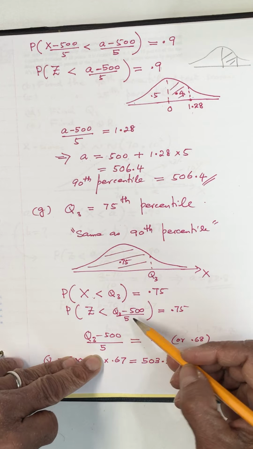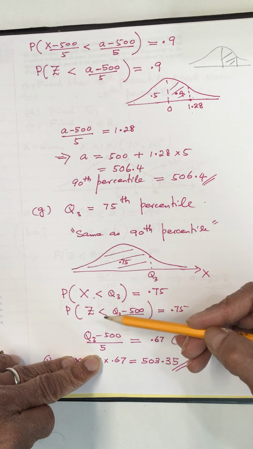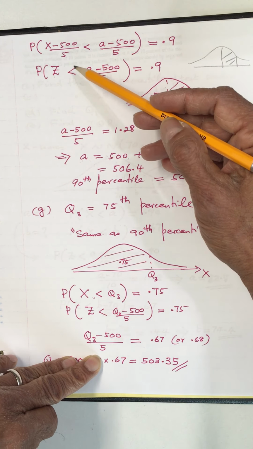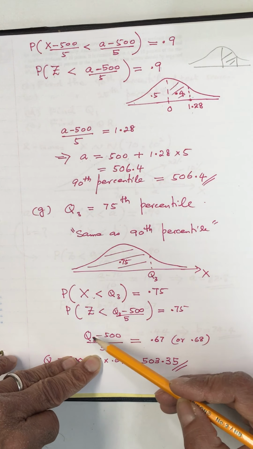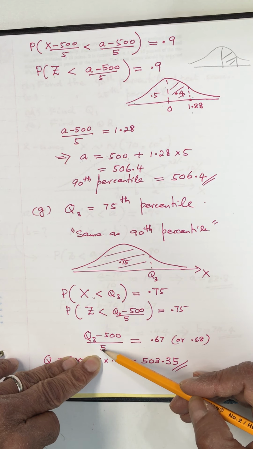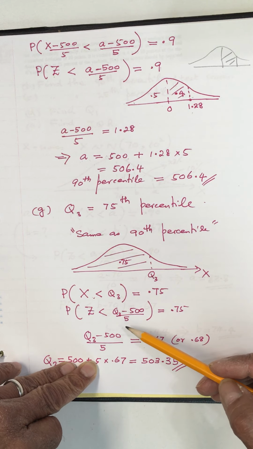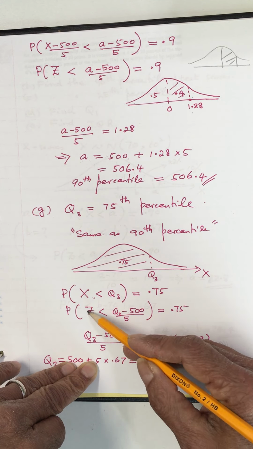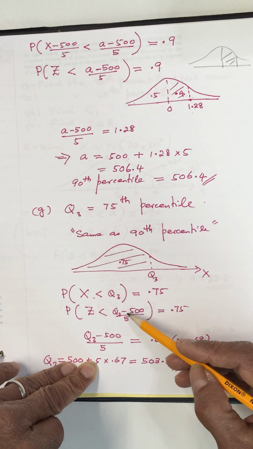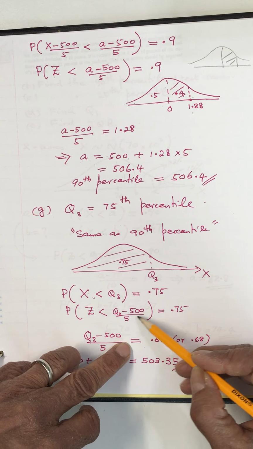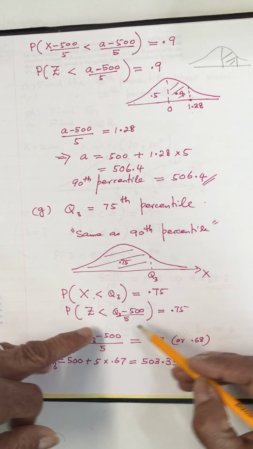So here, just like over there, convert into z: this minus the mu, divided by the standard deviation. This will turn into z, and this is 0.75.